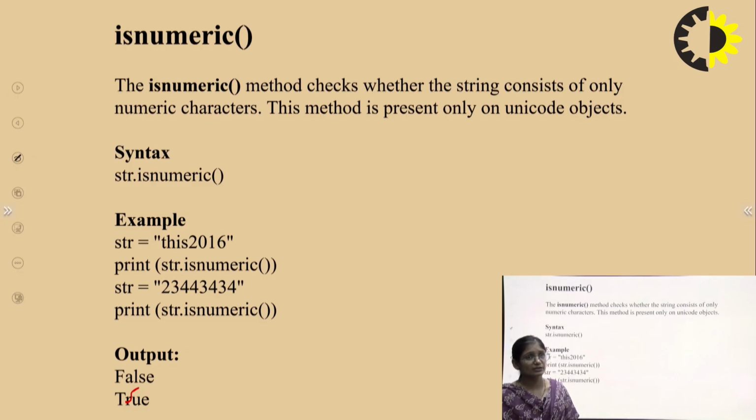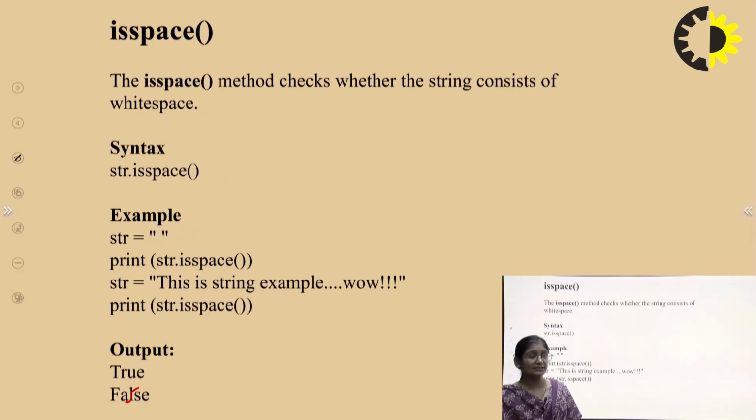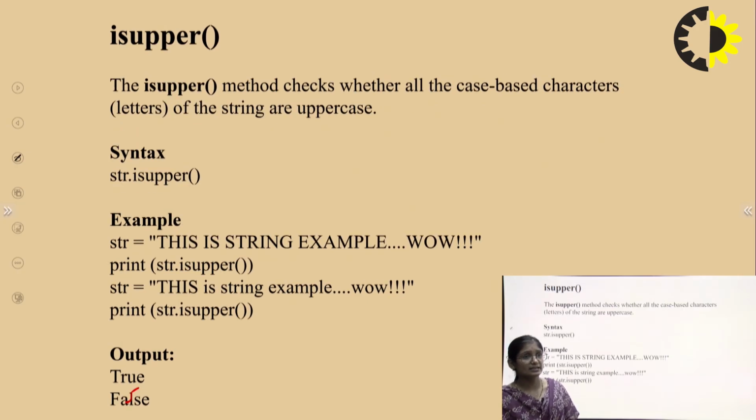This method is present only on Unicode objects. The isspace method checks whether the string consists of white spaces. isupper checks whether the case-based characters, letters of the string, are uppercase.